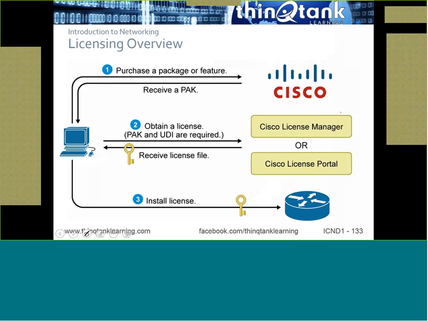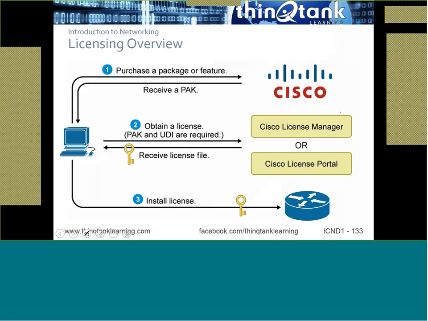A lot of the platforms that we have today also require special licensing. Now, I put this slide in here just to give you an idea of how the process works. If you want to see what licenses are supported on a platform, you use the show version command. We'll talk about the show version command a little bit more tomorrow.